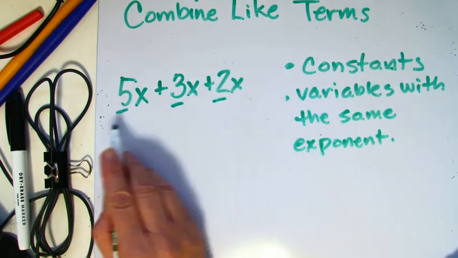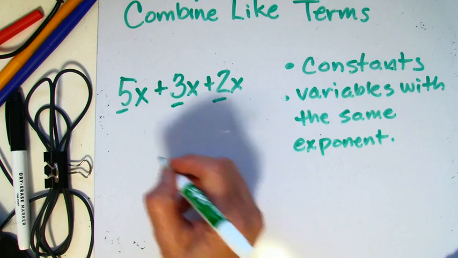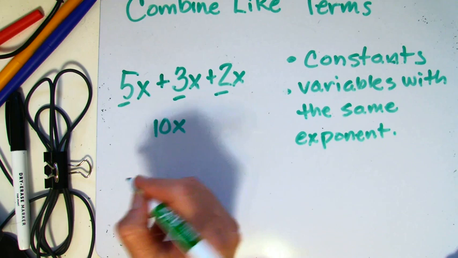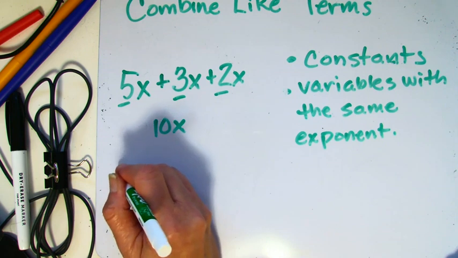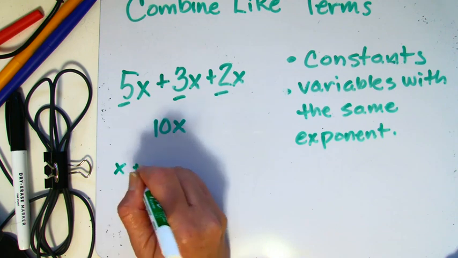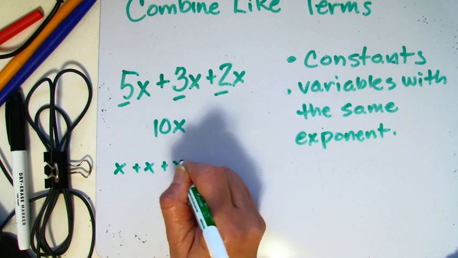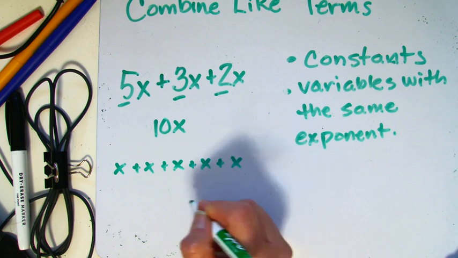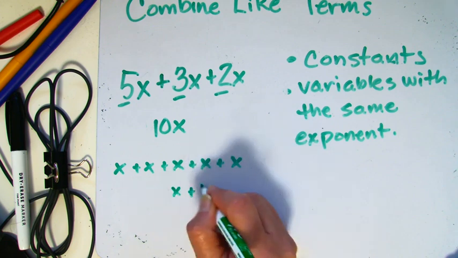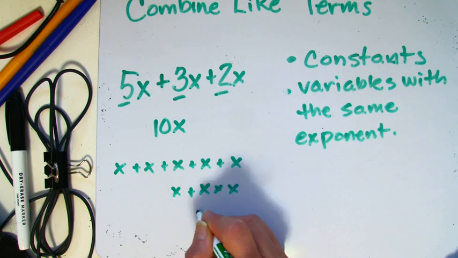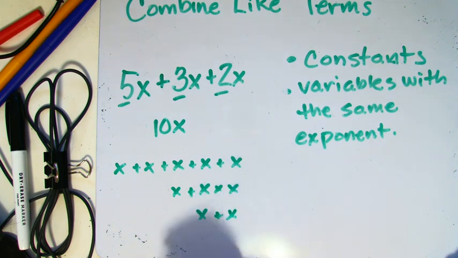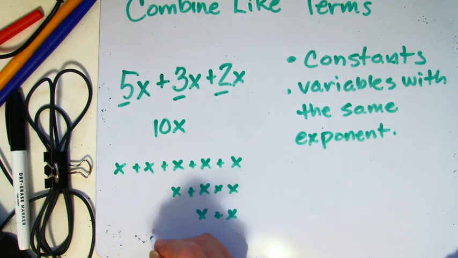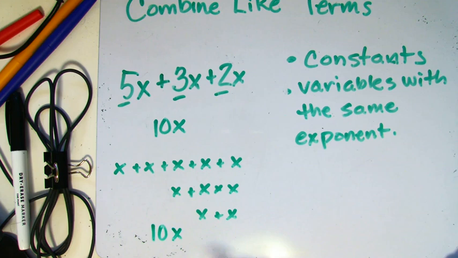So if we add 5, 3, and 2, we get 10x. That's because 5x means we have 5 x's, we have 3 x's, and we have 2 x's. When we add them all up, we have 5, 6, 7, 8, 9, 10, giving us 10 x's altogether.